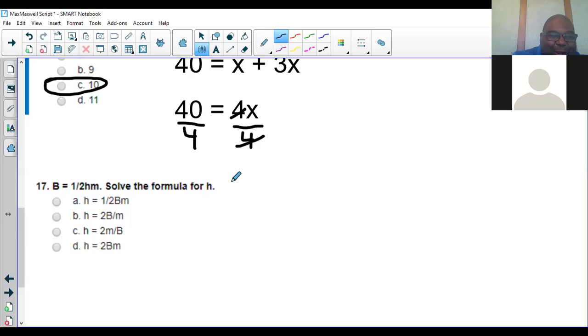I'm touching the screen on my laptop, like, oh, it's not working. So B is equal to 1/2 H times M. And we want to get H by itself.